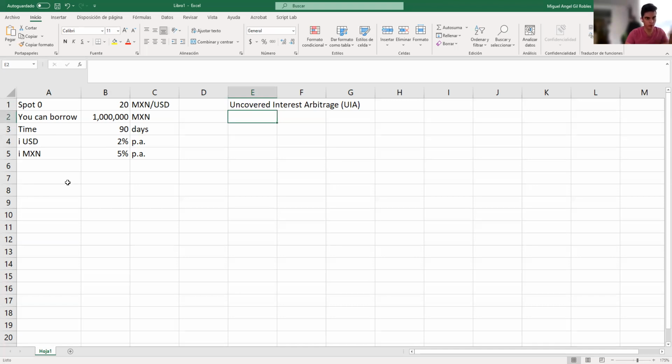Why don't we have the forward? Well, because we want to risk a little bit more. We want to open the possibility that maybe the rate in the future can be good for us, because something that you can complain about the CIA strategy is that everything is set, everything is fixed, right?